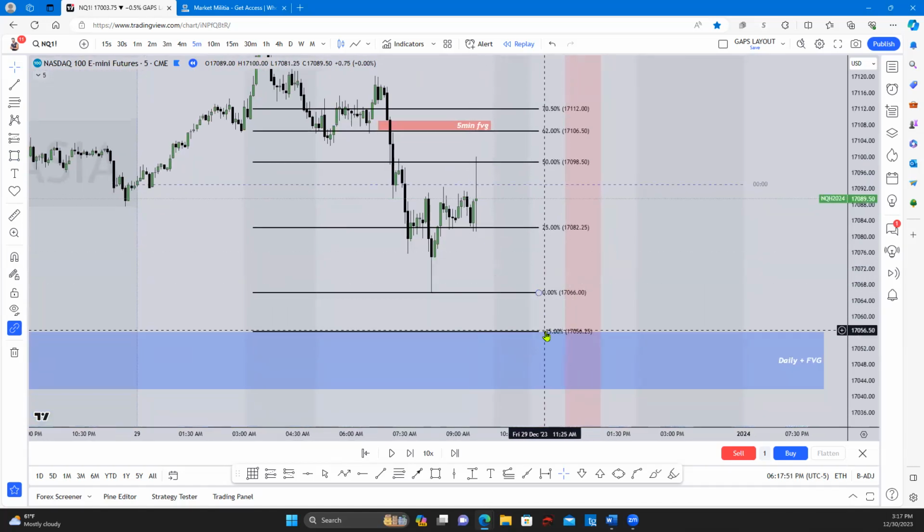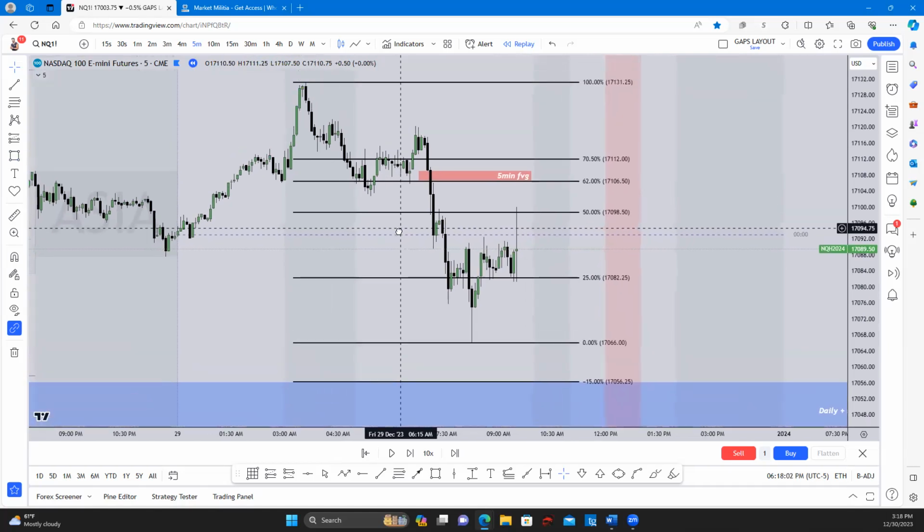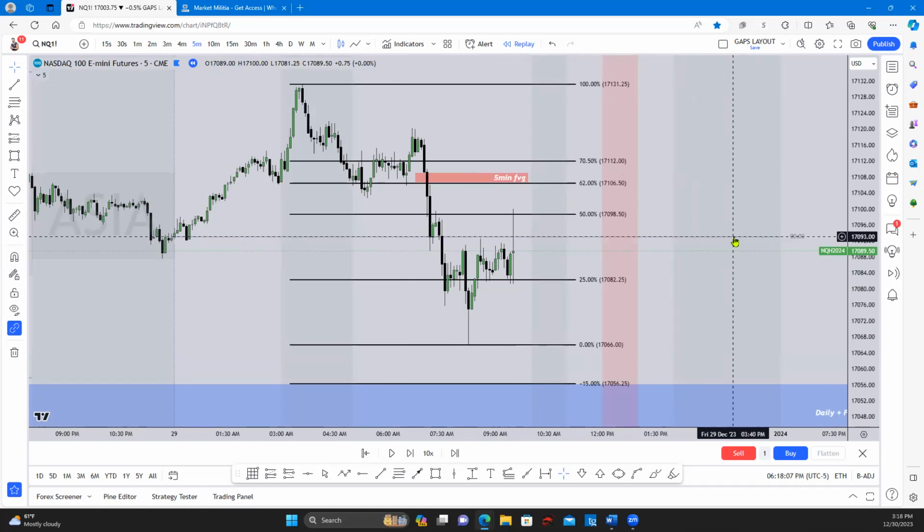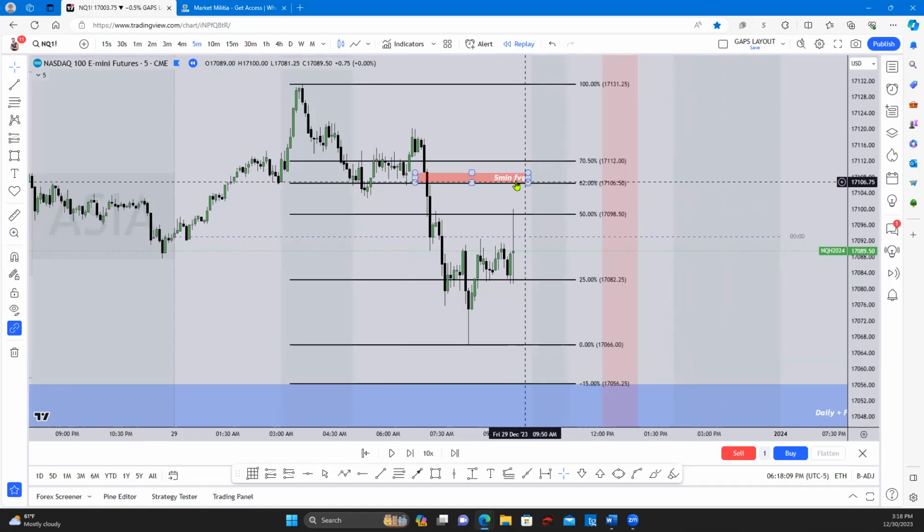And we know that price is most likely going to want to draw to this daily fair value gap, which gives us a nice level here at negative 15 right there. We're also looking for price to climb up here. We're above midnight opening price to add it to our confluence.